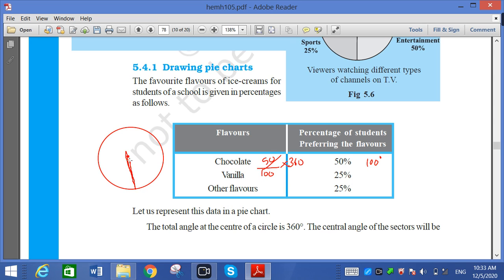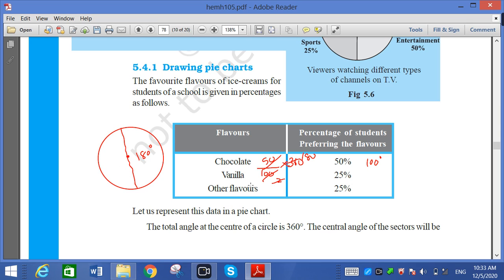We have to make a line from the center, because here it is 50% and 2 into 180 is 360. So we have to draw one straight line which passes through the center, that is 180 degrees.